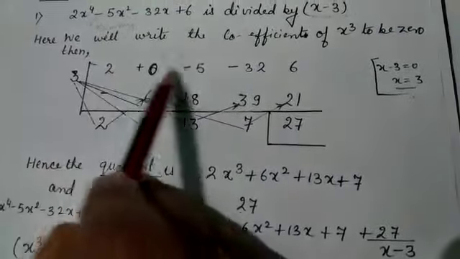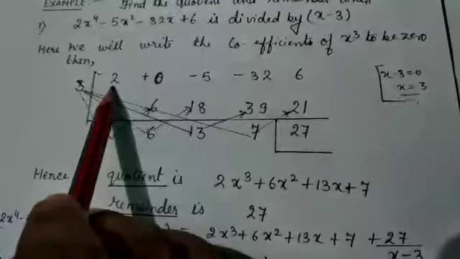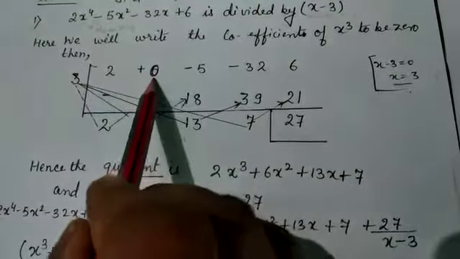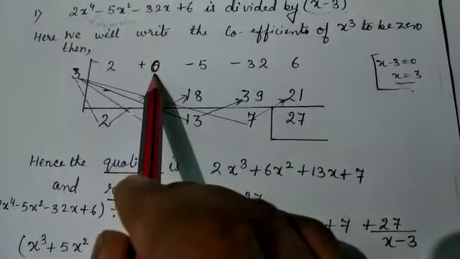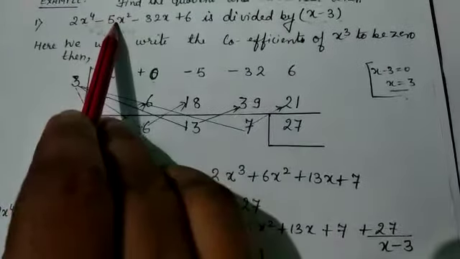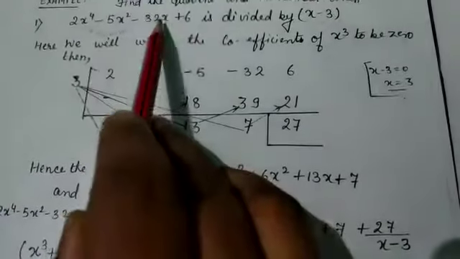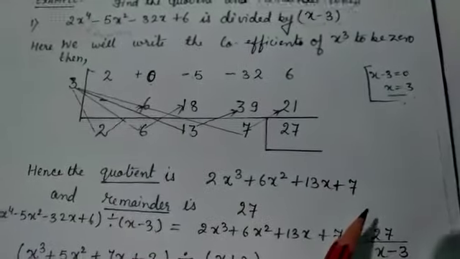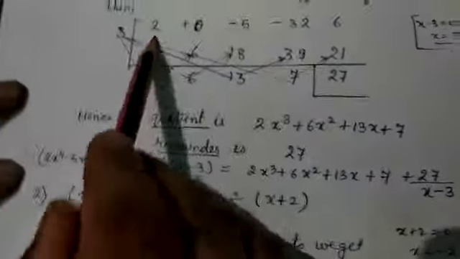Then here we will write down the coefficients. So coefficient of x^4 is 2. Coefficient of x cube is not given, so we'll write here 0. Then coefficient of x square is minus 5, coefficient of x is minus 32 and the constant is 6. Now what we have to do, here 2 will be as it is.